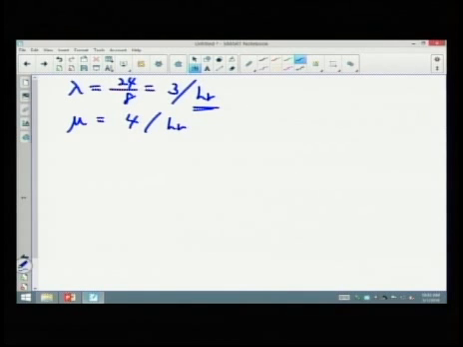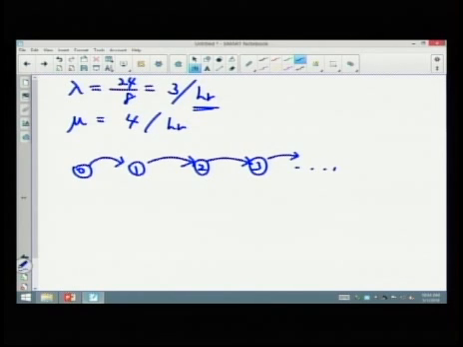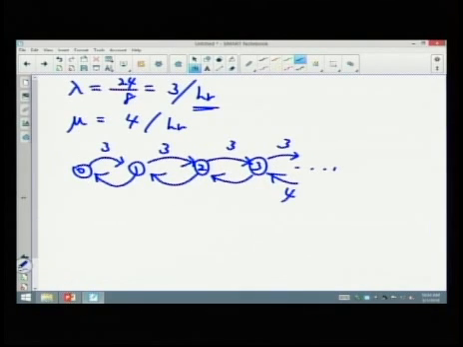Is that right? So simply it's going to be states 0, 1, 2, 3, and so on, with arrival rates 3, 3, 3, 3 and service rates 4, 4, 4, 4. Very simple rate diagram because it's M/M/1.